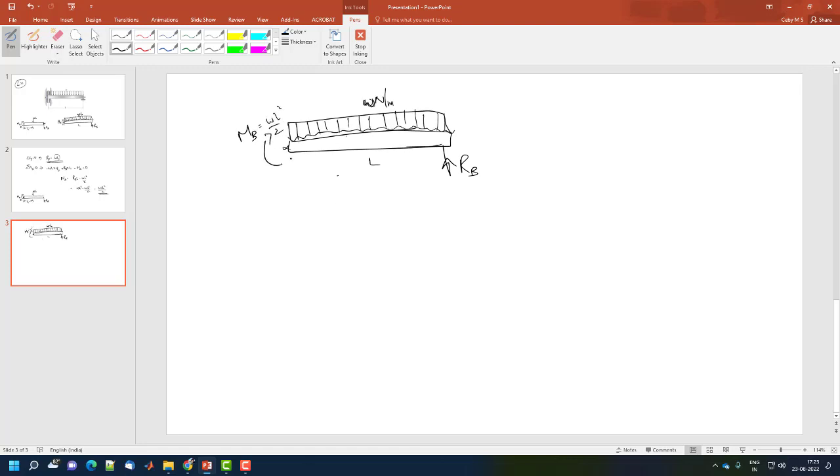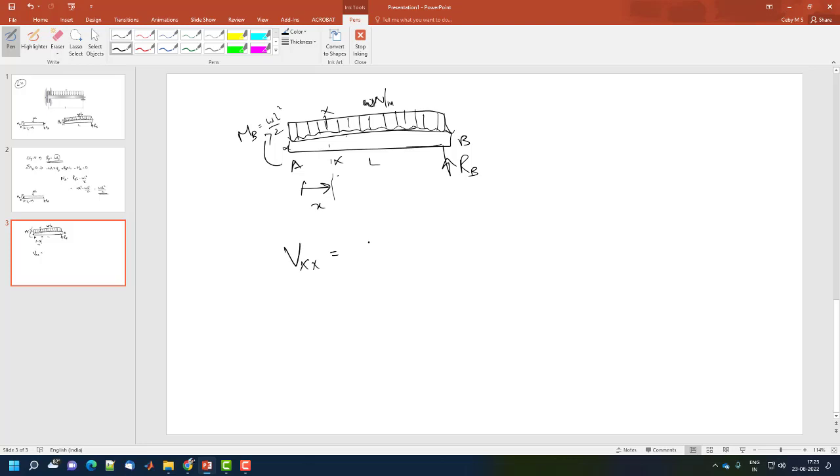I'm taking X distance, using a cross section XX from the end A. This is B. Let us make a section XX and find what is Vxx.